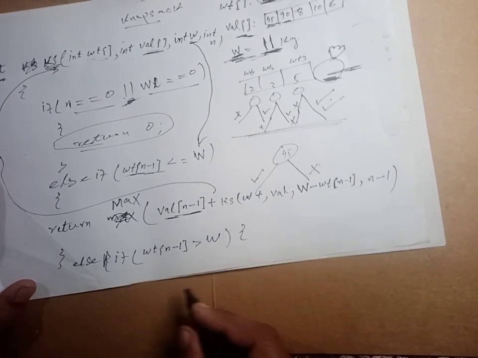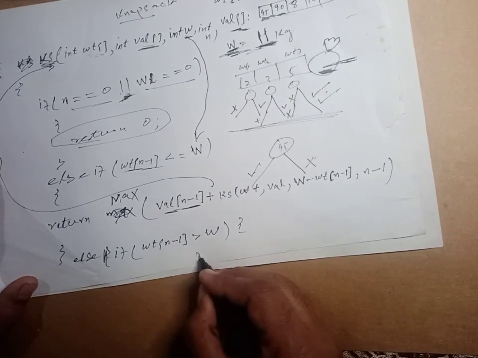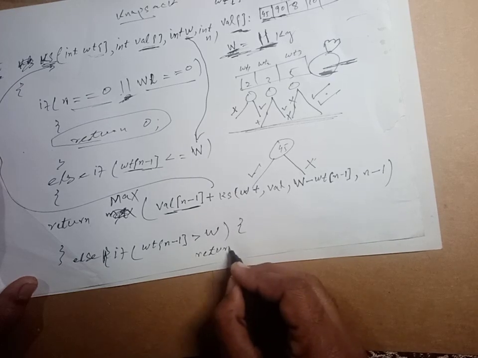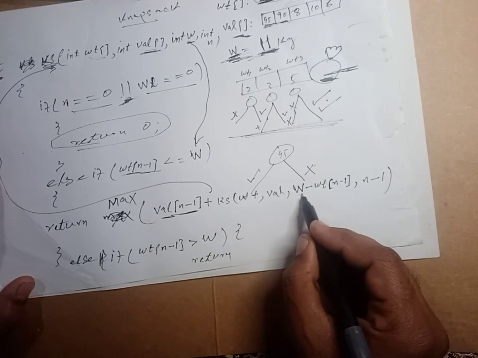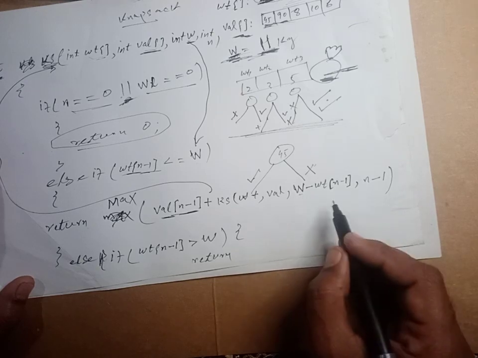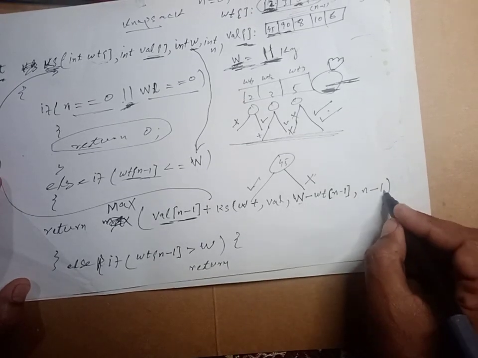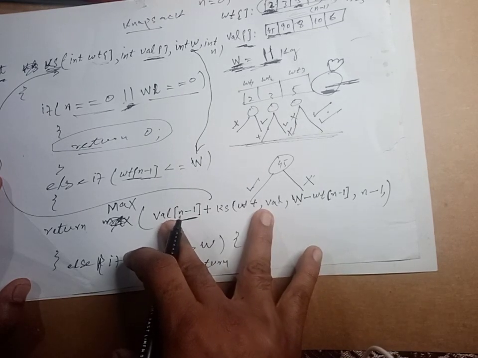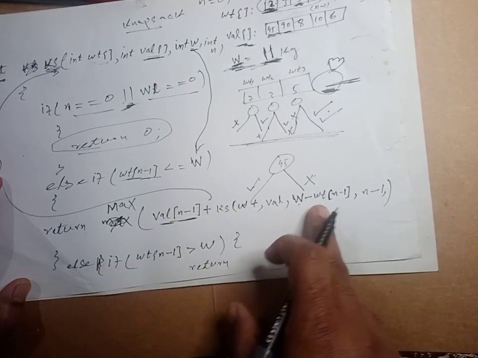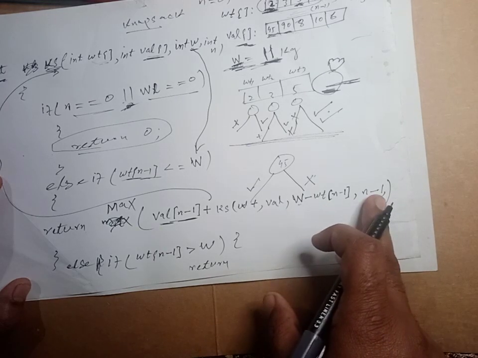So in our function, what should we return? Okay, I was missing something here. We have selected this item, that's why W has changed and n minus 1 has also changed.